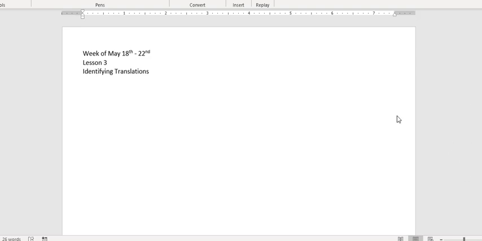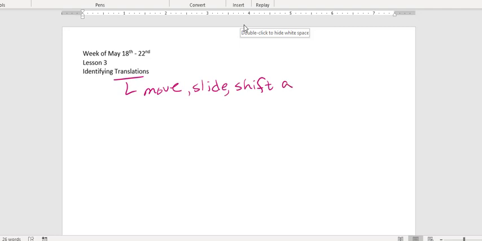To start with, let's recall really quickly that a translation is when you move or slide or shift a figure. And when we do that, part of what we have to consider is what things change and what things stay the same.